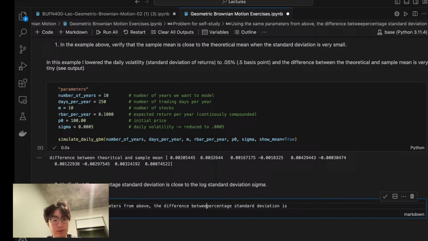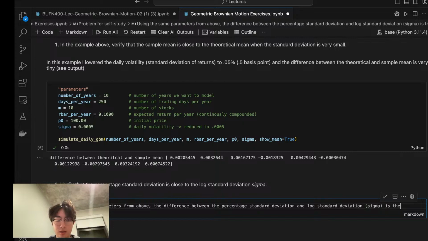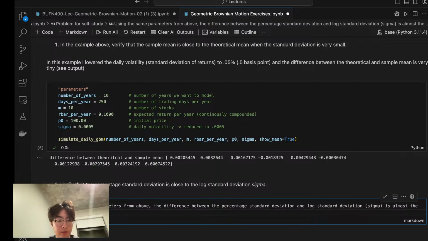Difference between the percentage standard deviation and log standard deviation sigma is almost the same with very little error. Okay.